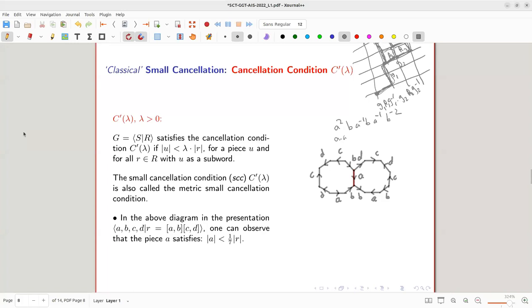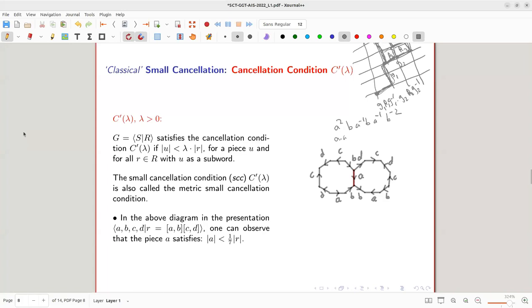We know that in any case, the length of the subword is less than the length of the relator in which it figures, right? So that is redundant. So we write lambda greater than 0, but mostly we are interested in lambdas less than 1.